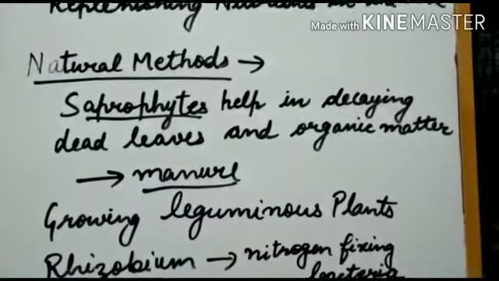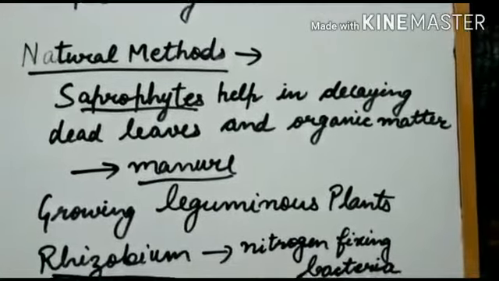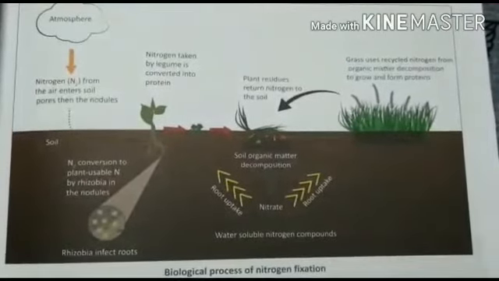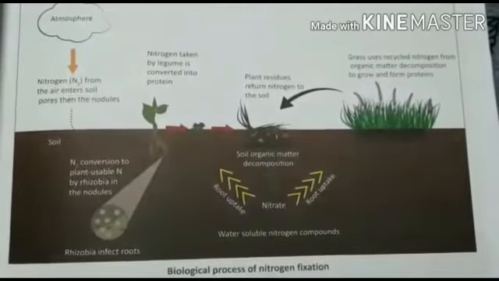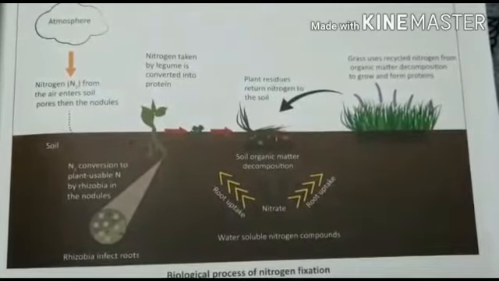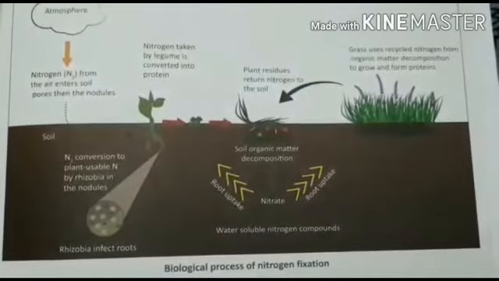I will show you here one biological process of nitrogen fixing. Here you can easily see, as the plants are not able to absorb nitrogen which is present in the air, nitrogen from the air enters into the soil pores, then the nodules.